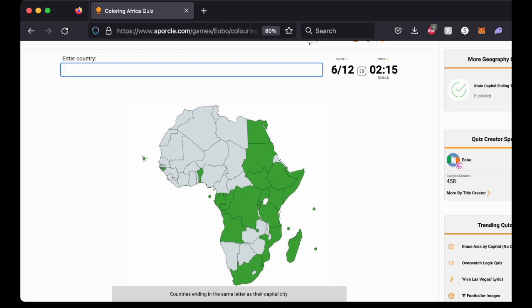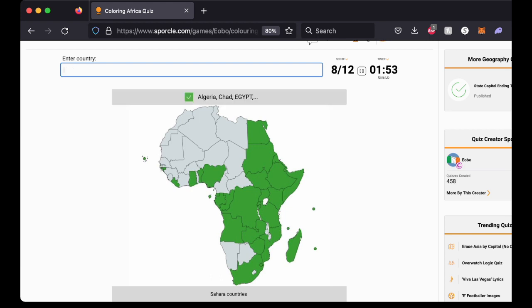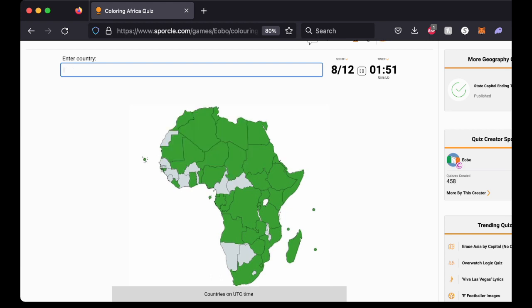Countries ending with the same letter as their capital city. Okay, so Eritrea ends with an A, and the capital is Asmara, I believe, which ends with an A, so I'll go Eritrea. Sahara country, so again we could say Algeria. Countries on UTC time, so that's the United Kingdom, so I'm going to guess Senegal.